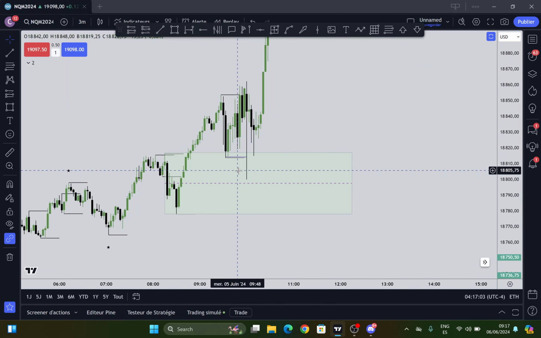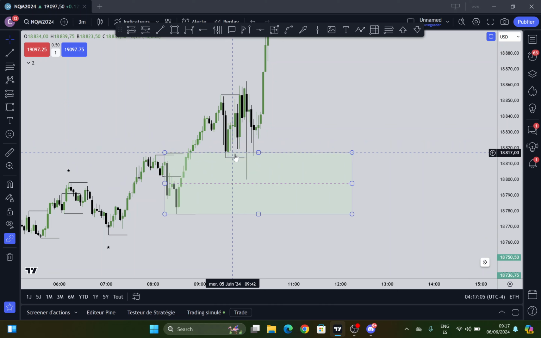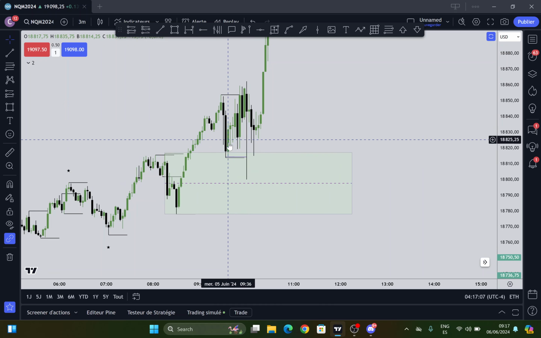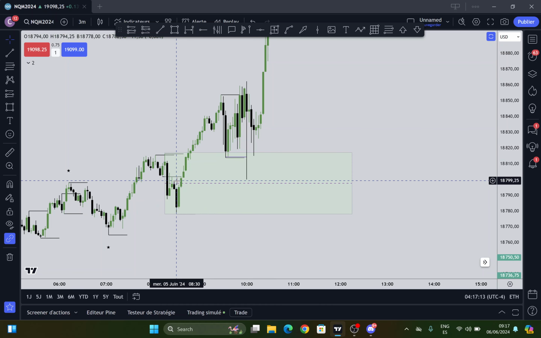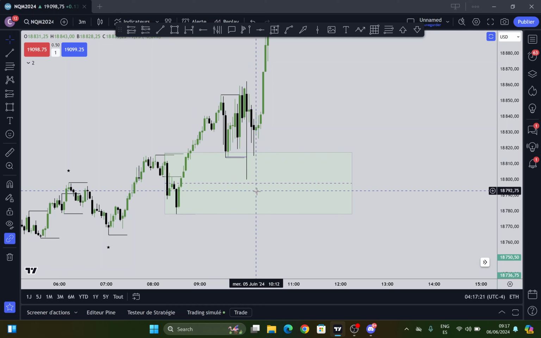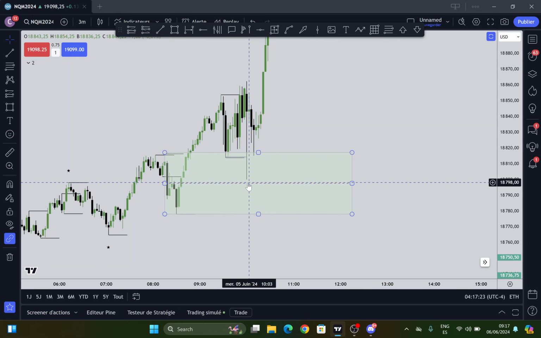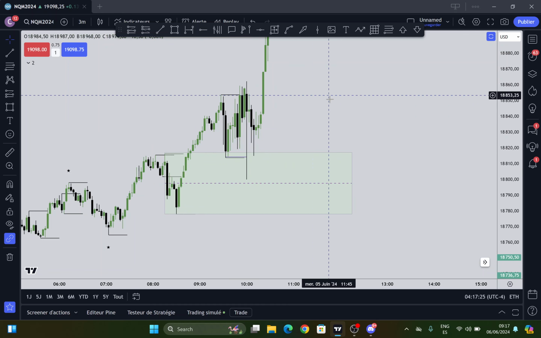It had this inducement like that, but we were so close to market open, right? And price didn't tap the origin order block here. They respected the imbalance a little bit here, right? So this happens too. And they also didn't tap the 50%, so I didn't take anything here, right?